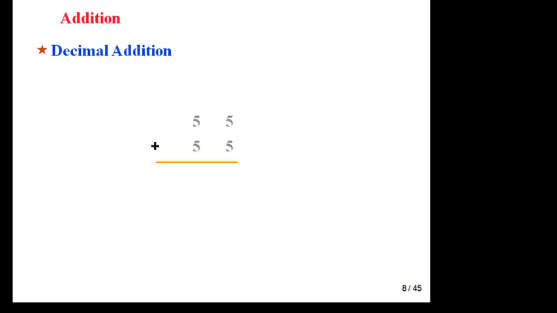Now come to addition. How do you perform addition? First, just see it in the decimal number system. 5 plus 5, what do we do? 10. You have to remember, if after adding these two digits the sum is greater than or equal to the base, you have to subtract that base and pass one carry. 5 plus 5 is 10, so it is greater than or equal to 10 because the base is 10 in the decimal number system.